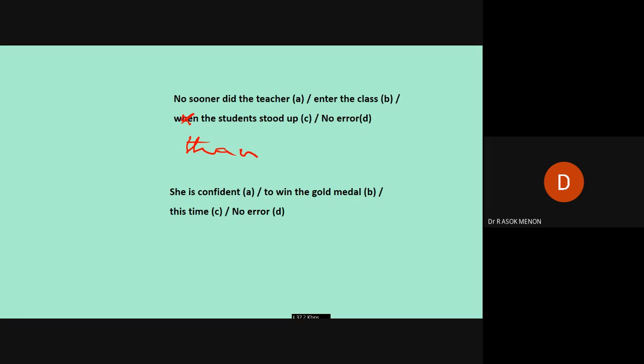Part B is the error part. She is confident of. See, this one, to, is wrong. It is of. When it is of, you should change the verb into the ing form. Confident of winning. Okay. Confident, the adjective, should be followed by the preposition of.